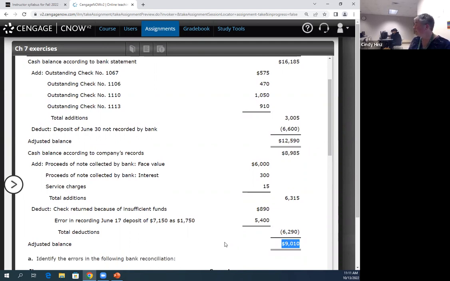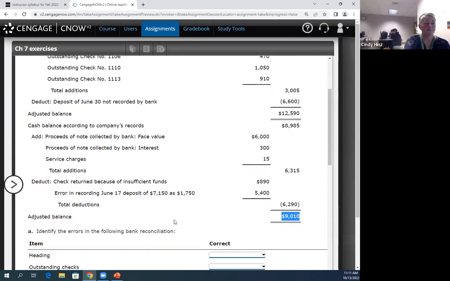And as we said in our answer to one of those questions in exercise 6, every bank reconciliation must balance. So you wouldn't give up on this. What we're told now is that there are some errors. There are some errors in here and we need to find them.